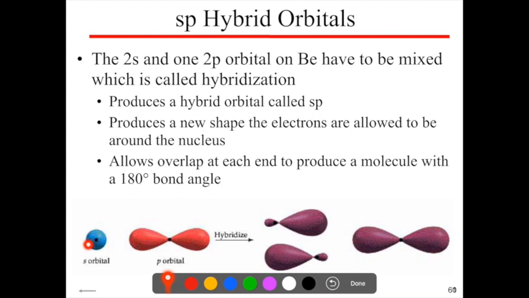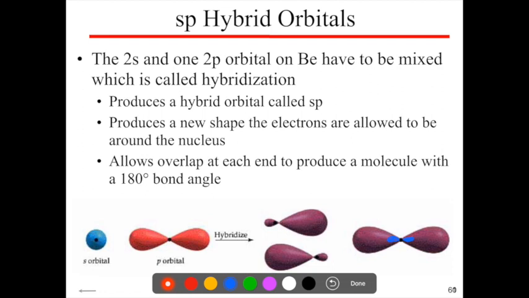And what happens is the shape that they once were, a sphere and a dumbbell, gets changed into a very large dumbbell on one side and a very tiny dumbbell on the other. What you don't see when I put them together is there's the little tiny dumbbell on the other side.